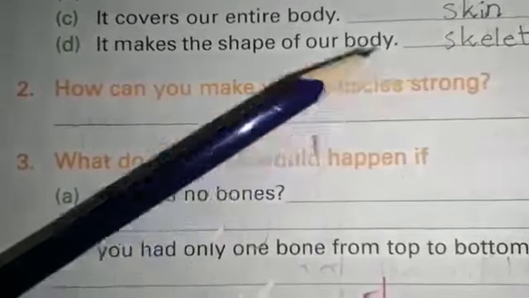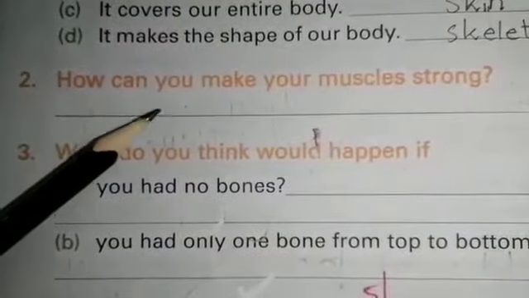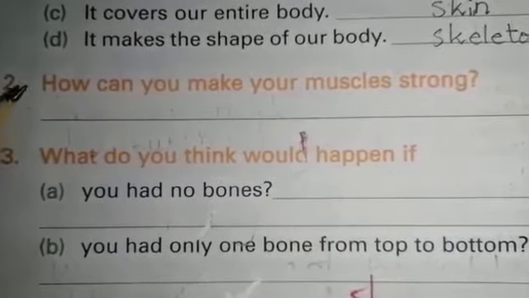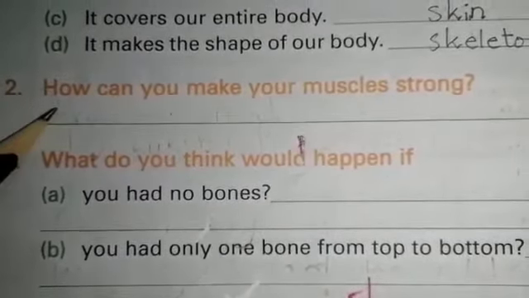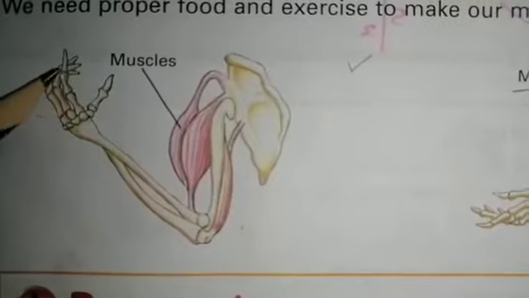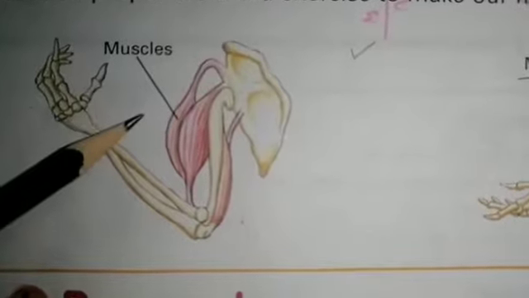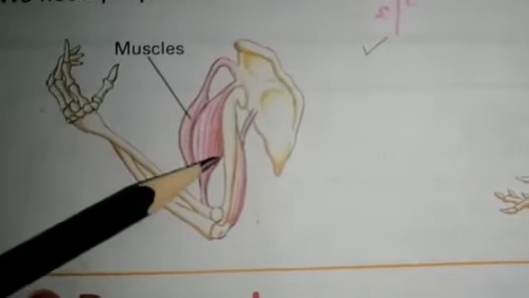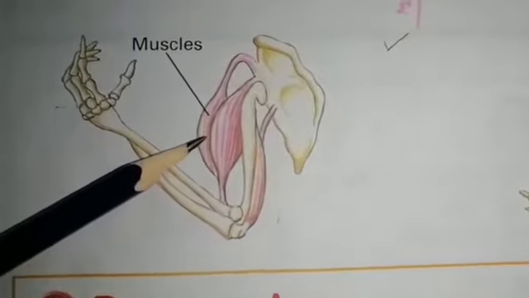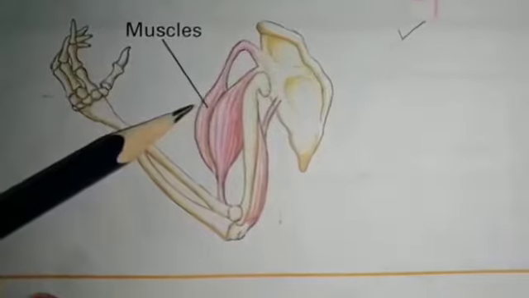Number 2, how can you make your muscles strong? So students, what do you think? What things can make our muscles strong? Let's think about it. We have already discussed that muscles are very, very important to move our bones. So we should take care of our muscles so that they are very strong.